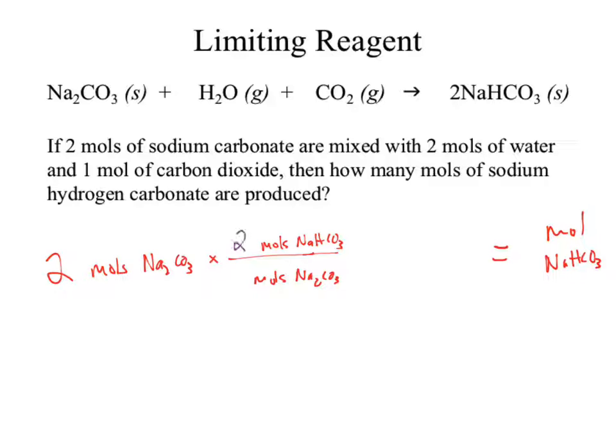Of sodium hydrogen carbonate, and we get that 2 from the balanced equation. What number shows up in front of moles of sodium carbonate? 1, because of the balanced equation. I look at the number in front of sodium carbonate in our balanced equation, and it's 1. This gives me an answer.